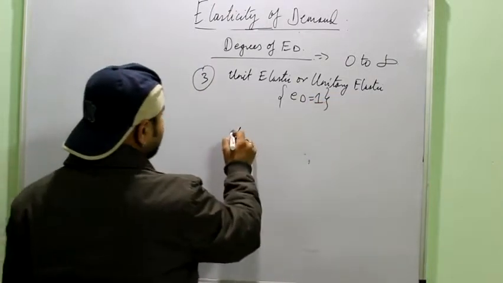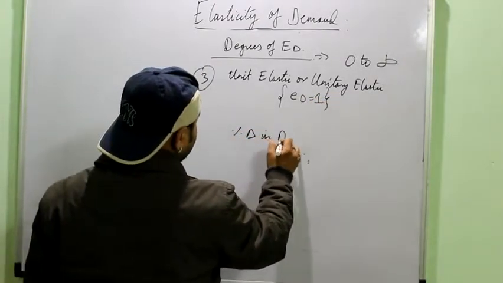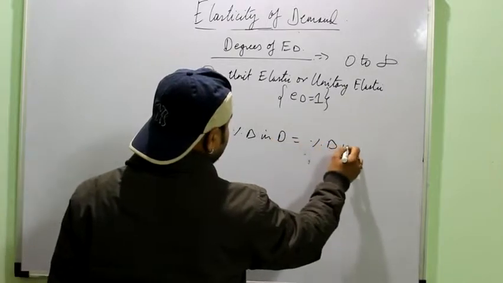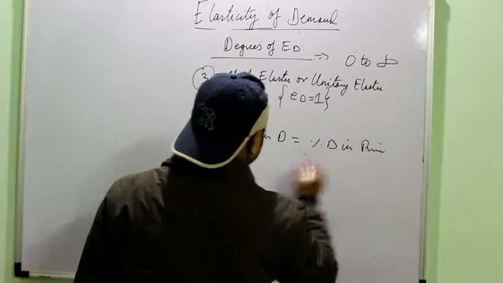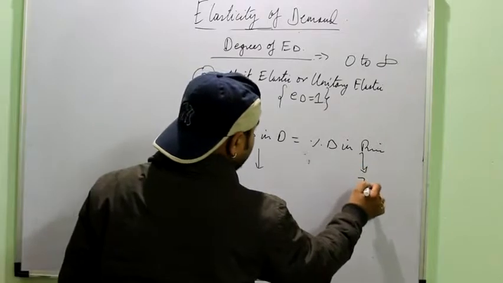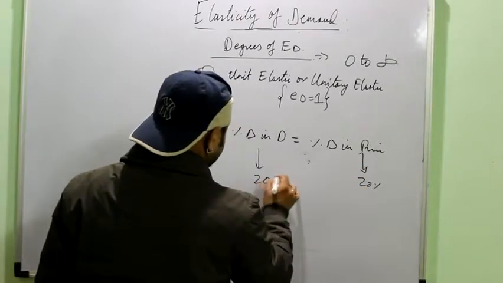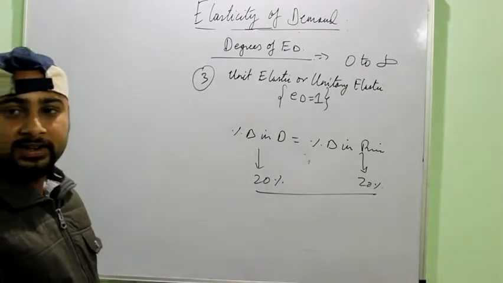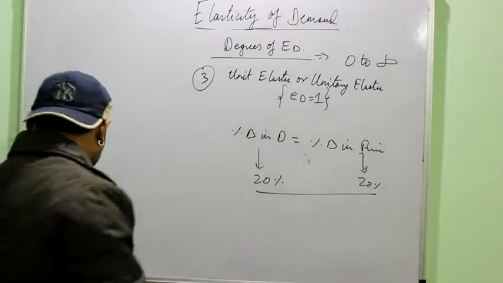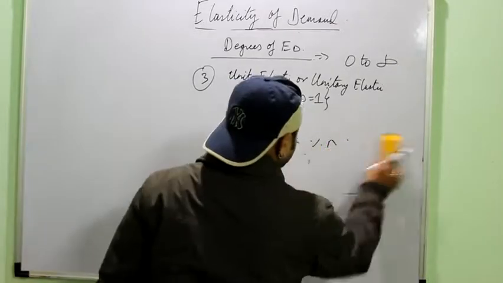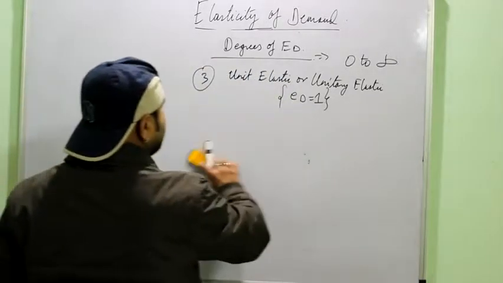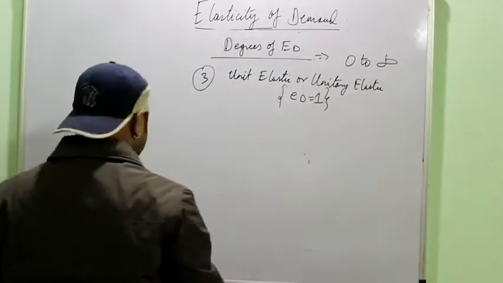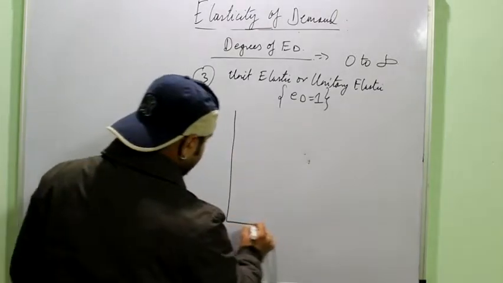It means that the percentage change in demand is equal to the percentage change in price. If the price changes by say 20%, demand also changes by 20%. Again, if you apply the formula of ED, then you will get it equal to 1. Diagrammatically also we can represent the unit elastic demand the same way.